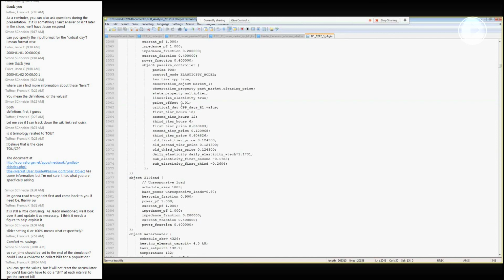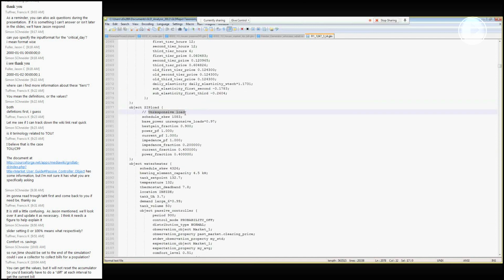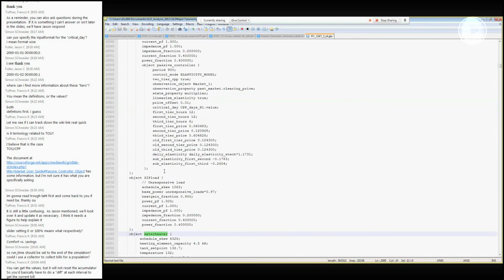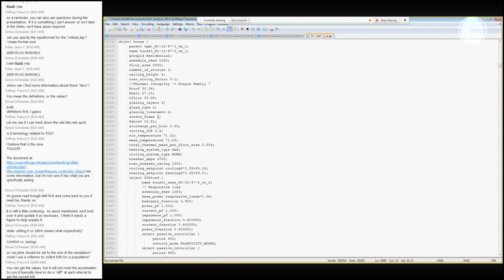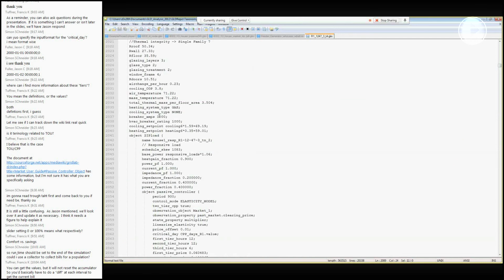We've also created a load called unresponsive load, the pieces that are not affected by price, in this case things like your refrigerator duty cycle. Then we add the water heater object, and of course the HVAC system is embedded into the house. So we basically have 4 specific loads on this house.